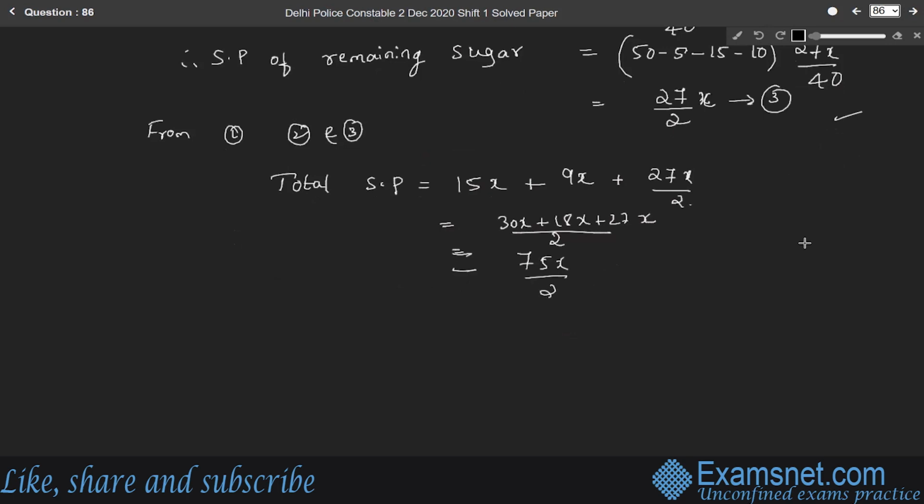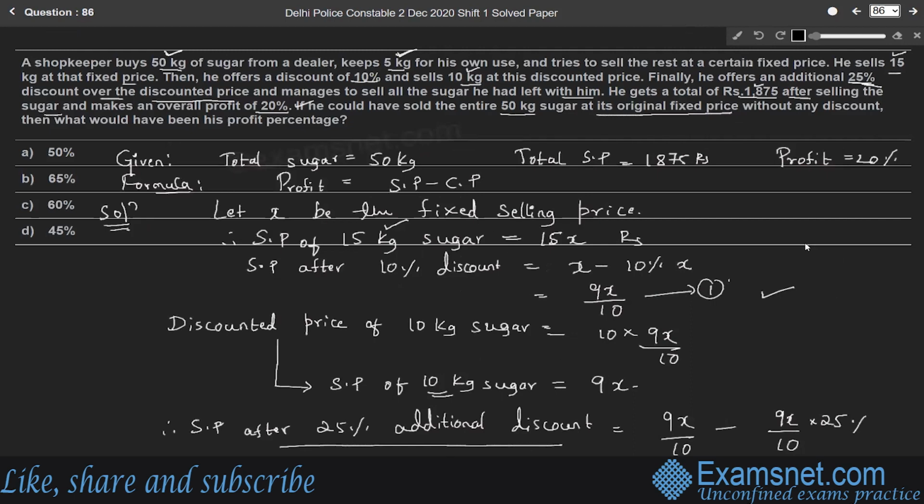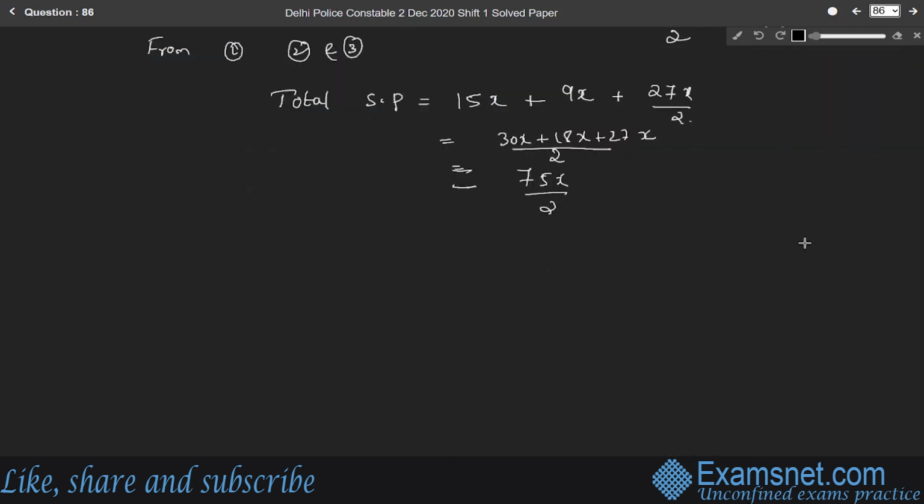So total selling price is 75x by 2, which is total selling price according to the question. It is 1875. Therefore, 75x by 2 is equal to 1875. Therefore, x is equal to 50. What is x here? So initial fixed price.